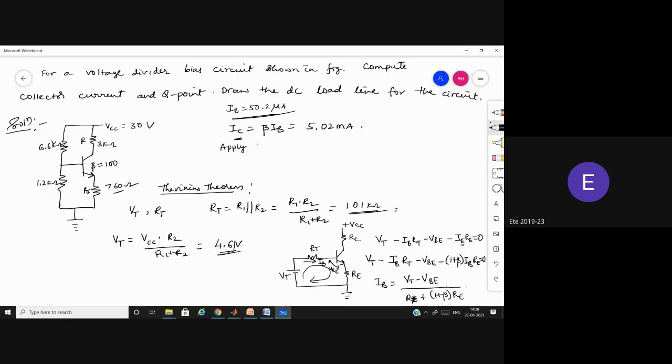By applying KVL to the collector circuit. So apply the KVL to the collector circuit. We get VCC minus ICRC minus VCE minus IERE is equal to 0.